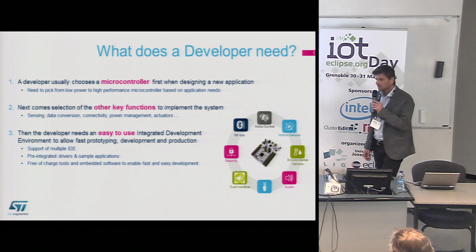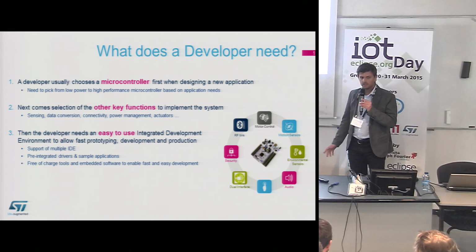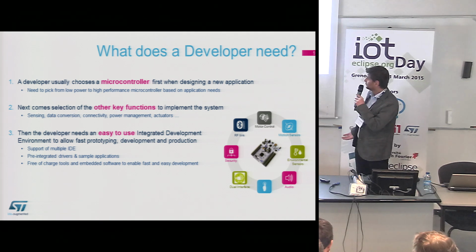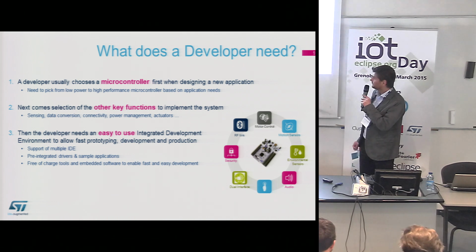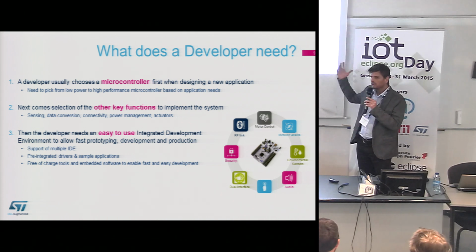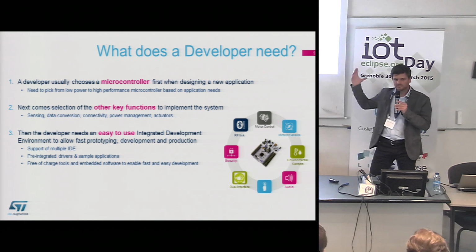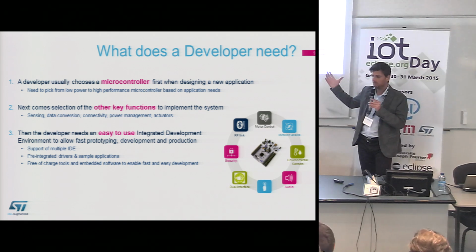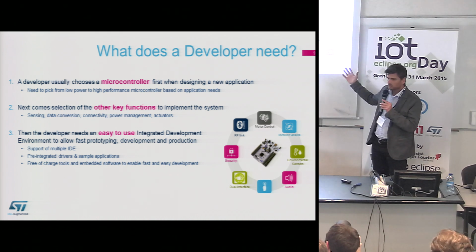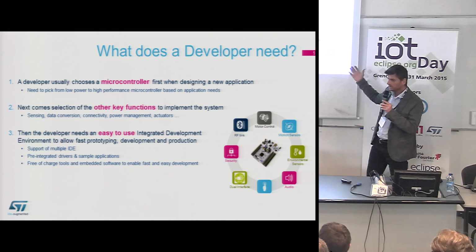So now, when you have an idea, what do you need to develop this idea? From our point of view, you start from, let's say, the microcontroller, which is the starting point of your platform, and then you add on that some key functions, which are also now more and more available.